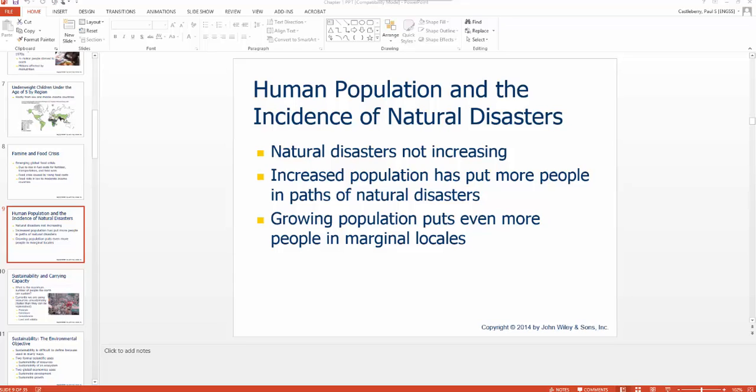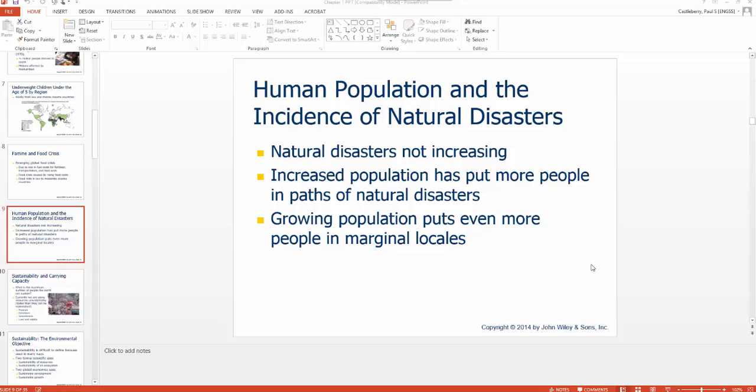If you look at the West Coast, you look at California, a lot of expensive homes are being built in areas where extensive mudslides occur. Also, houses out in California are built along faults where earthquakes can occur. And so the more people we have in these areas, the more cost to human life in that particular type of situation.